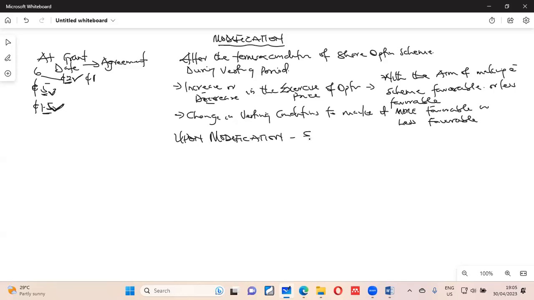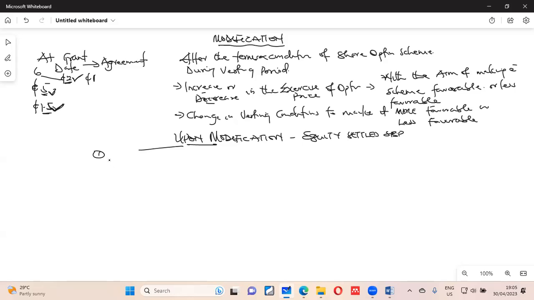and don't forget, we are dealing with equity settled share-based payments. For modification 1, and these are the things that we are going to apply in the question. So I want you guys to pay more attention to that.